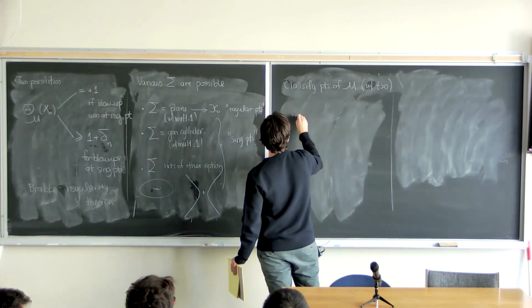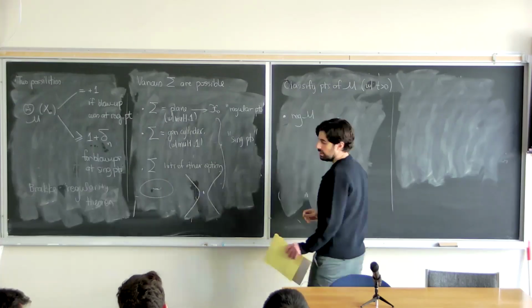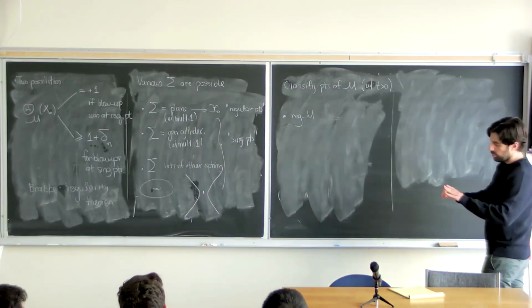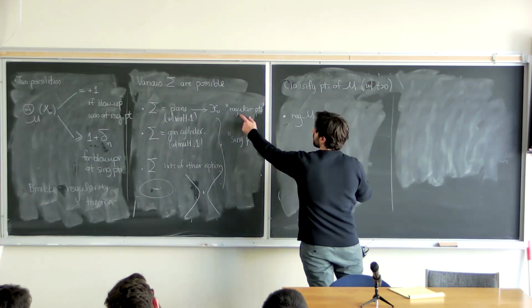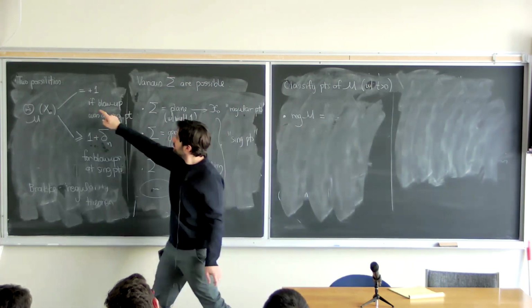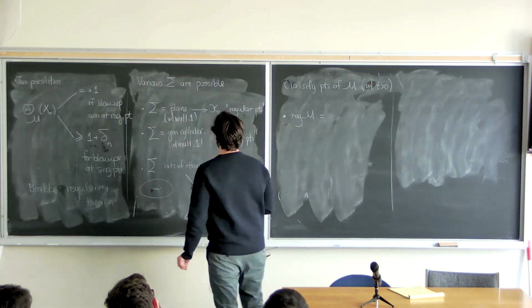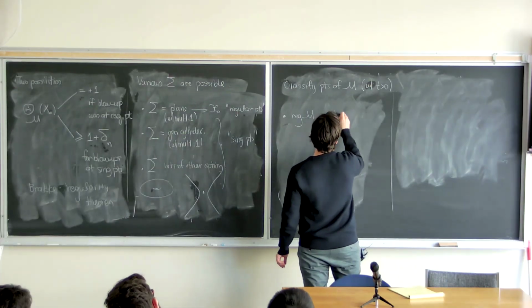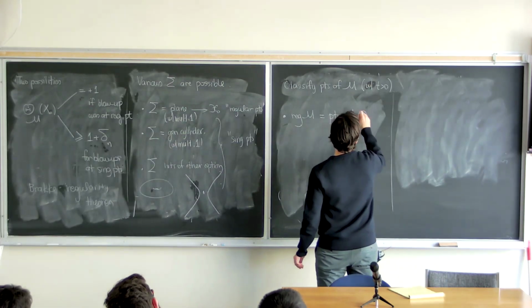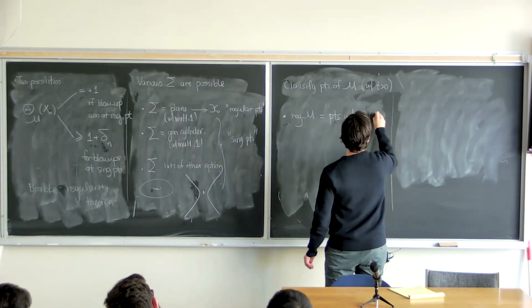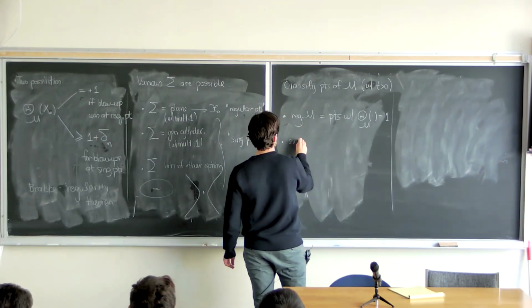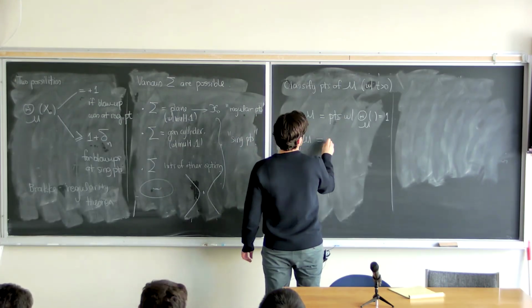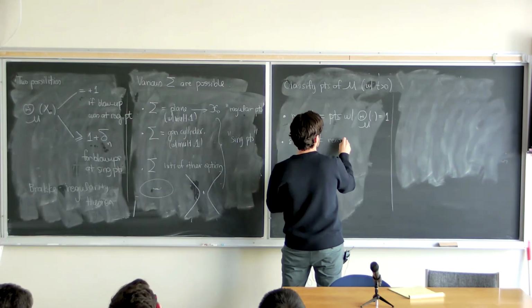There are the regular points, which I denote by reg M. These are essentially the points where my flow is smooth near them. Equivalently, these are the points by this theorem that have density equal to 1. Then you have your singular points, which are the remaining points.